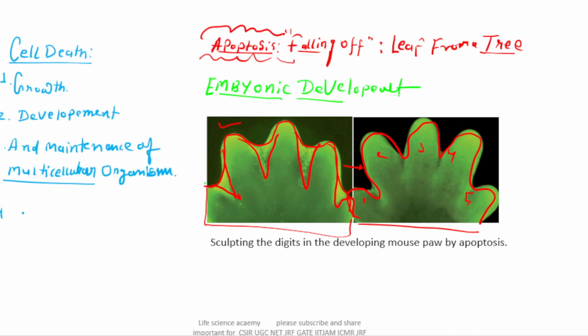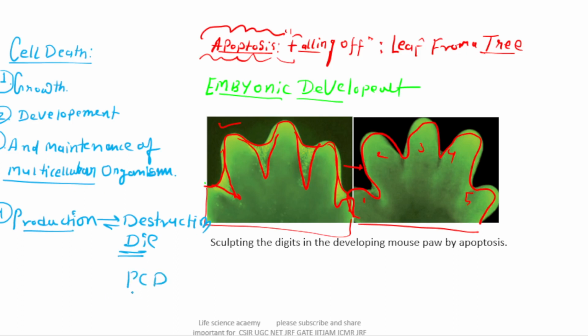So here we have the production as well as the destruction, or more appropriately cell death. A cell is produced via a chemical pathway, or via mitosis or meiosis in a multicellular organism, and destroyed via programmed cell death, or more commonly apoptosis.